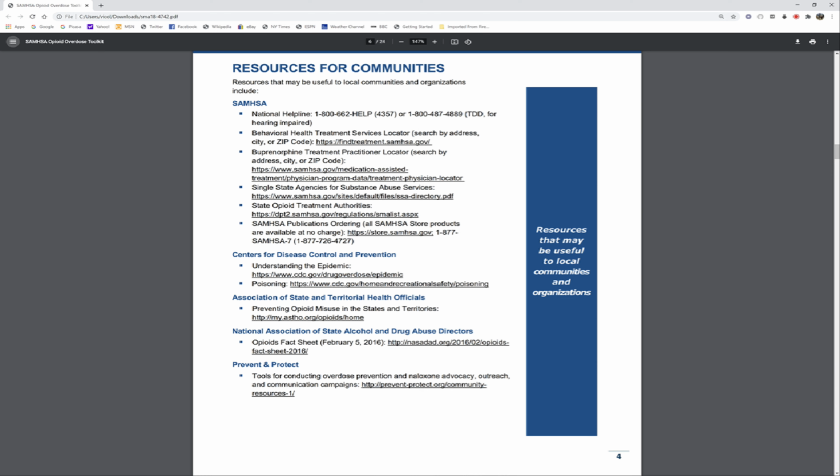1-877-726-4727, Centers for Disease Control and Prevention. 7. Understanding the Epidemic, https://www.cdc.gov/drug-overdose/epidemic. 8. Poisoning, https://www.cdc.gov/homeandrecreationalsafety/poisoning. Association of State and Territorial Health Officials. 9.